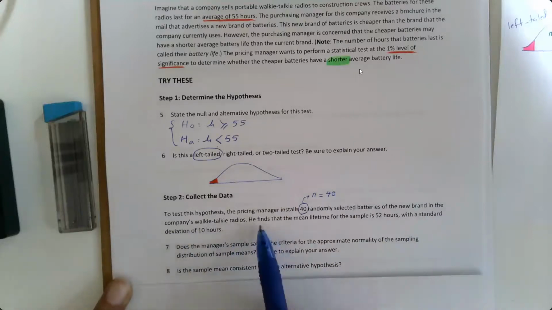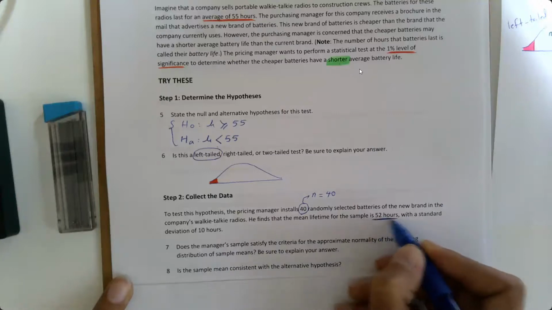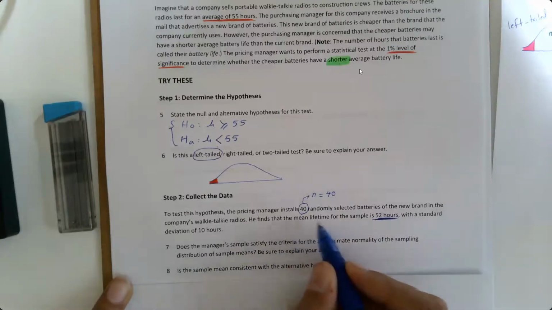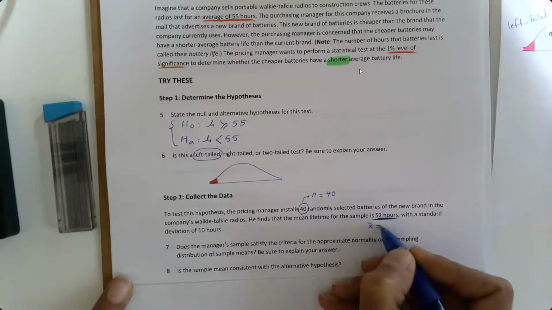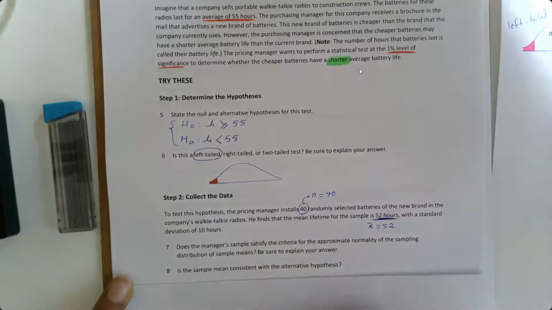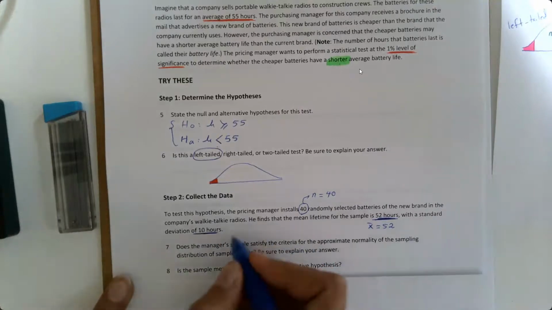He finds that the mean lifespan for this sample is 52 hours. So X bar is 52. And the standard deviation is also given to me as 10 hours. I have all the information that I need.